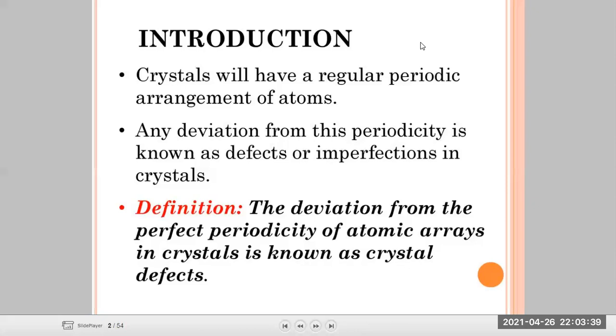So this is what we studied about the crystal structure, and then we moved further and studied the distance between two consecutive lattice planes, the interplanar spacing of the cubic crystal.